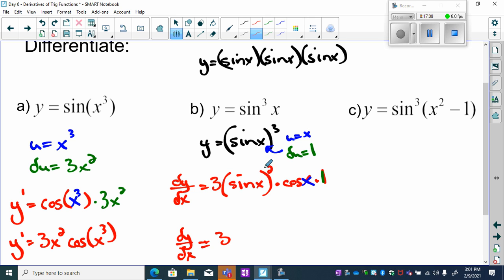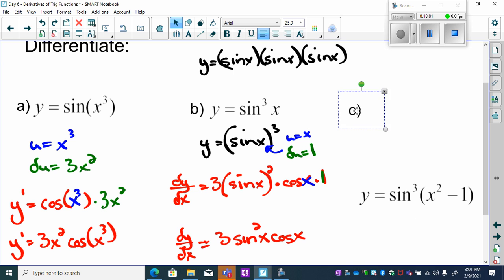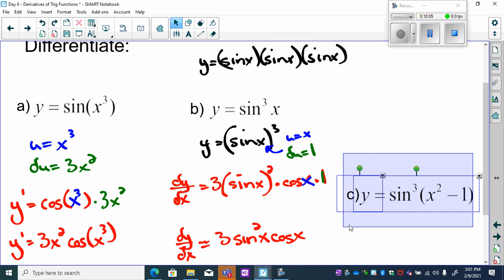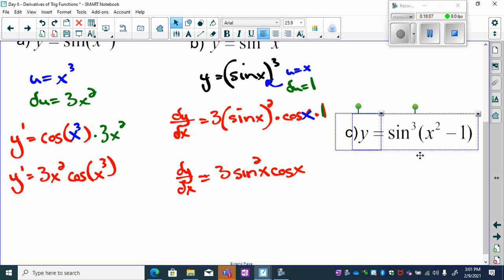And then I'll bring this exponent back here. 3 sine squared x cos x. Okay? So 3 times 1 is 3. The exponent went there. Sine squared x times cos x, you just stick them together. Same idea here. Now, I'm going to bring this one down underneath to give myself a little more room to work that out.